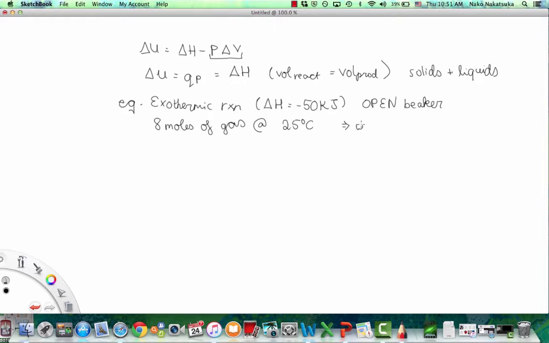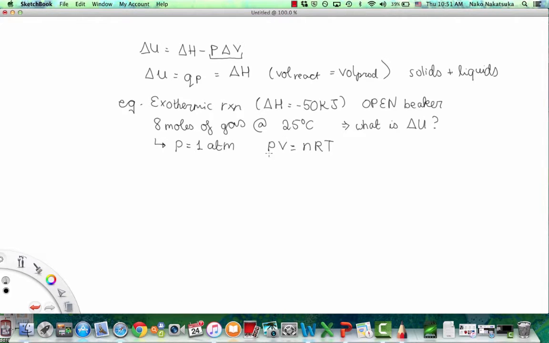So what is delta U? And so we can make the assumption here that the pressure is 1 atmosphere, so standard state, and we can also use the gas law, PV equals nRT, to rearrange some equations.